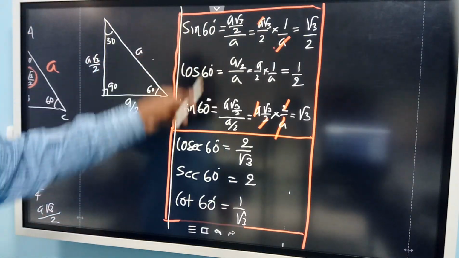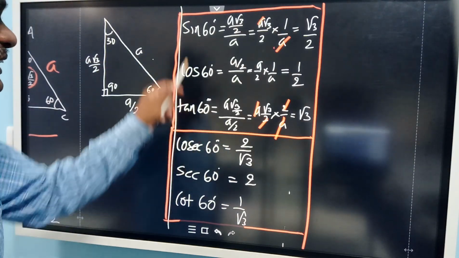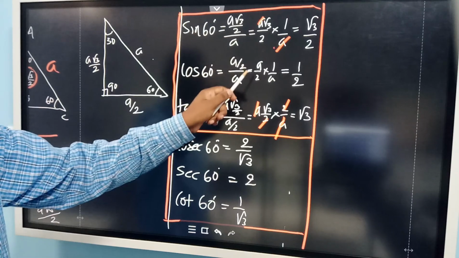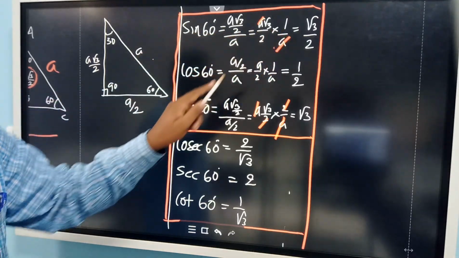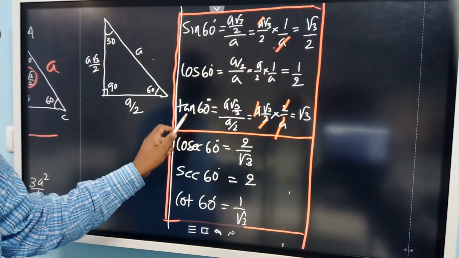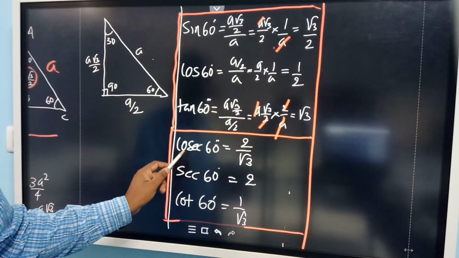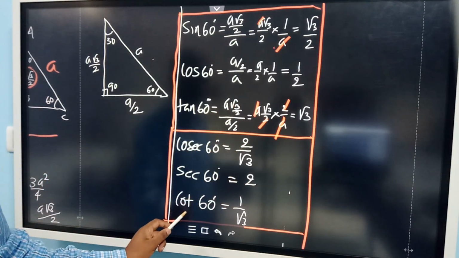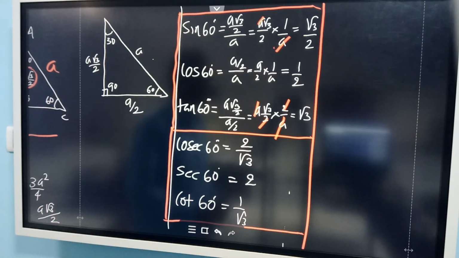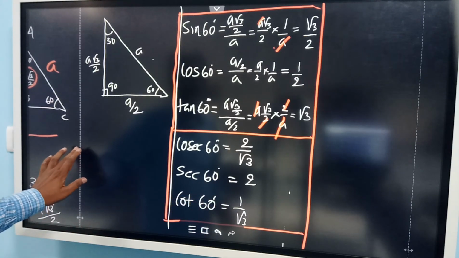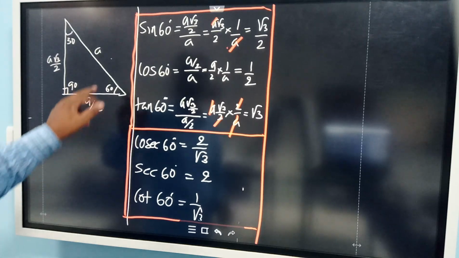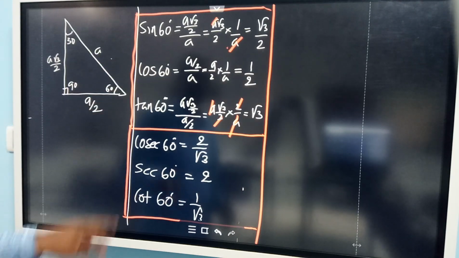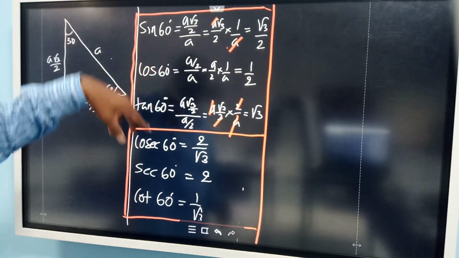Now all the trigonometric ratios of 60 degree we found out. Sin 60 root 3 by 2, cos 60 1 by 2, tan 60 root 3, cosec 60 2 by root 3, secant 60 2, cot 60 1 by root 3. So this is related to 60 degree. Now in the same way let us find out the trigonometric ratios of 30 degree.